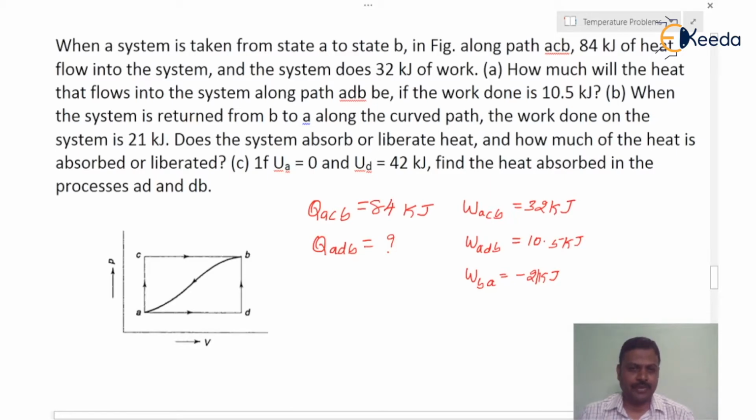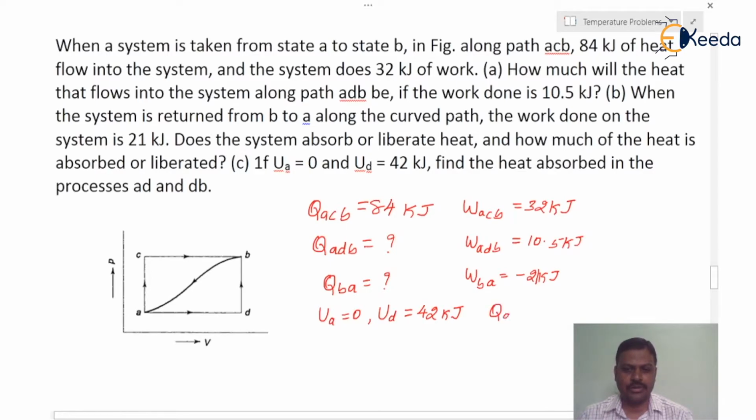And what is the heat that is absorbed or liberated? So what is QBA? It is to be calculated. Now if UA is equal to 0 and UD is 42 kilojoules, what is the heat absorbed along the processes AD and DB?